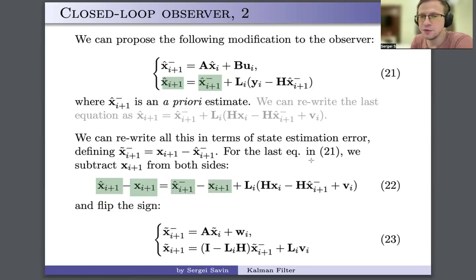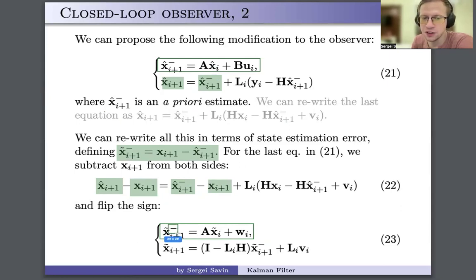The rest is the same as before. Now we can flip the sign, and having this definition, we get our final expressions. This comes from what we did before: we subtracted the dynamics and got this expression. So nothing changed. It's just that the notation now includes this a priori minus sign.